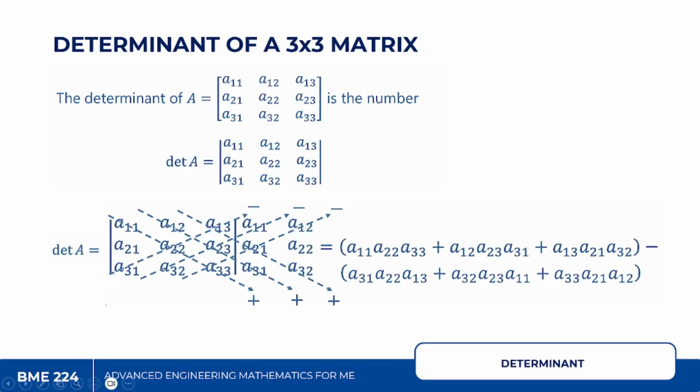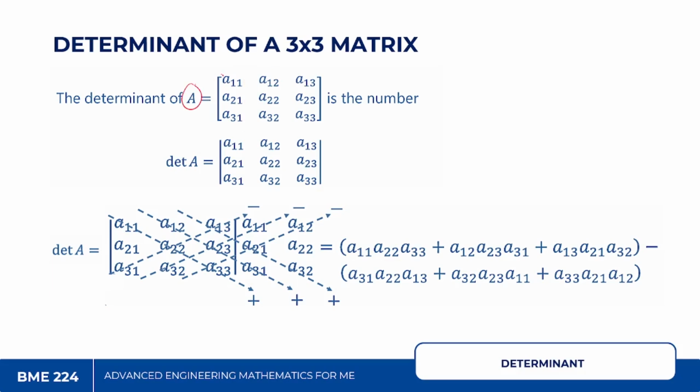How about if we are dealing with a 3 by 3 matrix? The same thing applies. We will be using the basket method. When a 3 by 3 matrix is involved, the first two columns are brought back outside.